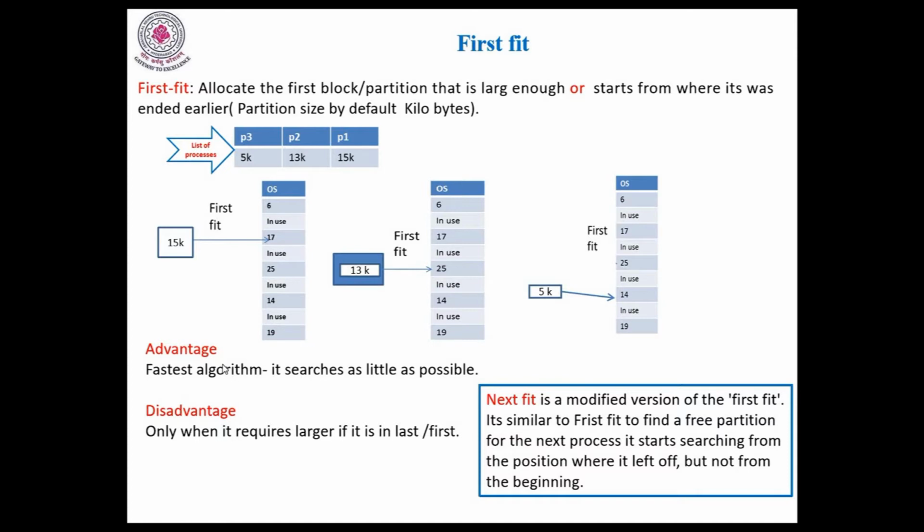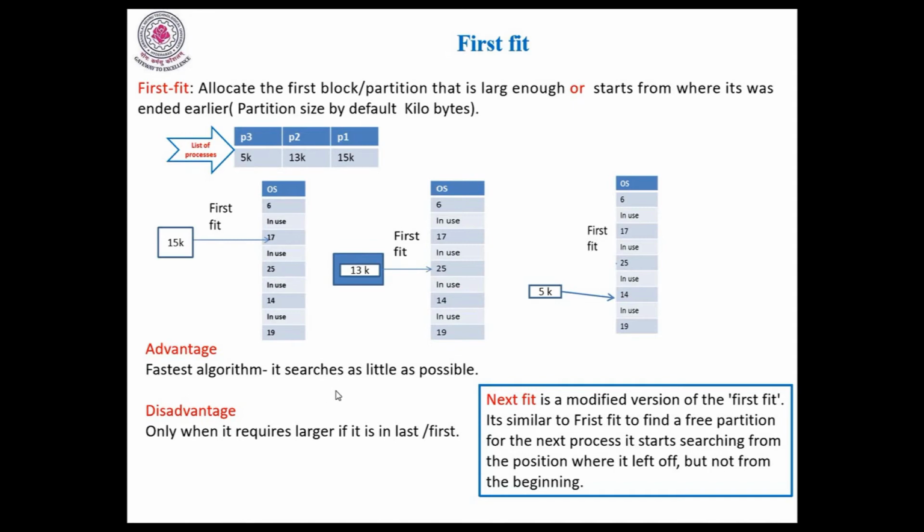What are the advantages of the first fit algorithm? It is the fastest algorithm; it searches as little as possible. When I want to find the right partition for P1, it starts from the first freely available one. If it is suitable, it loads. It never bothers about an exact block; it just finds an enough block and loads.